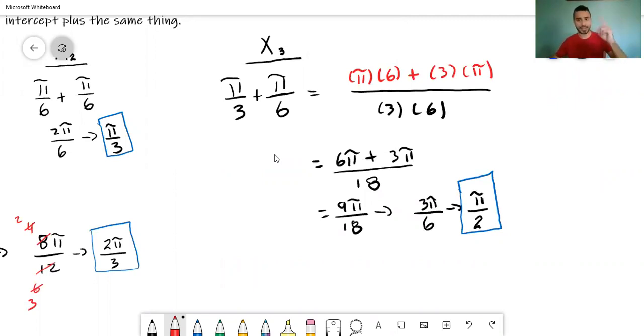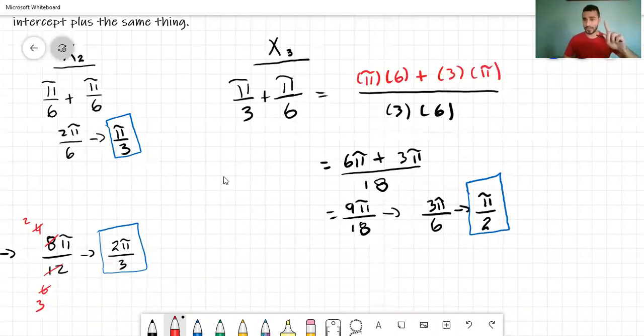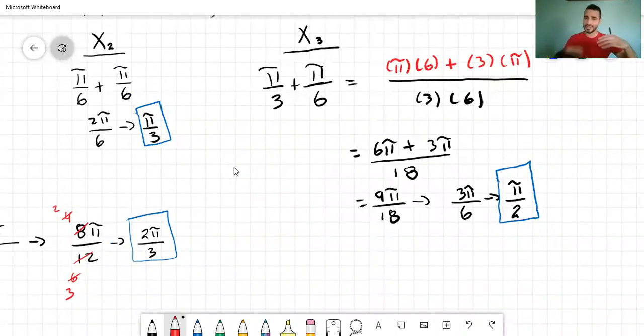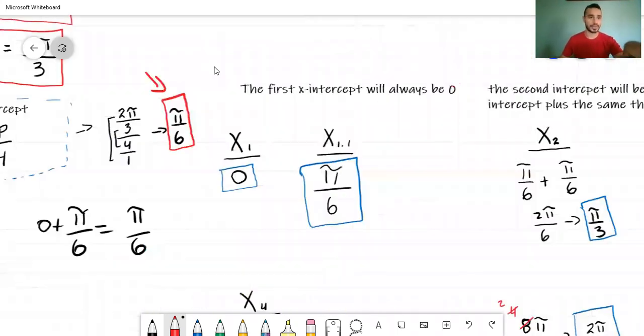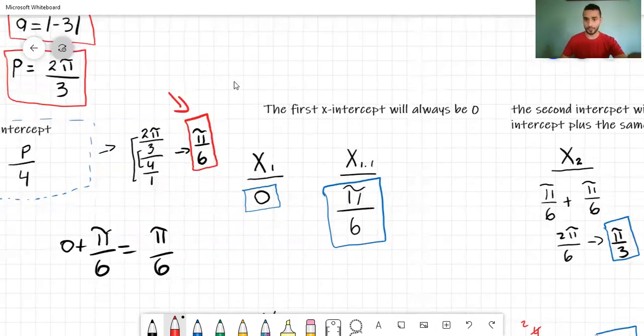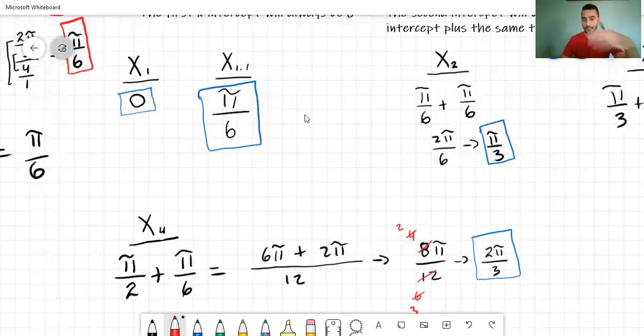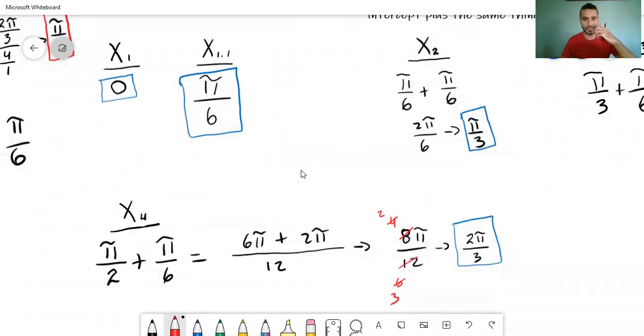That's my next x-intercept. And for my final x-intercept, remember that I'm going to stop once I reach my period. And in this case, my period was 2 pi over 3. I can continue if I want to, but I'm going to stop at my period.